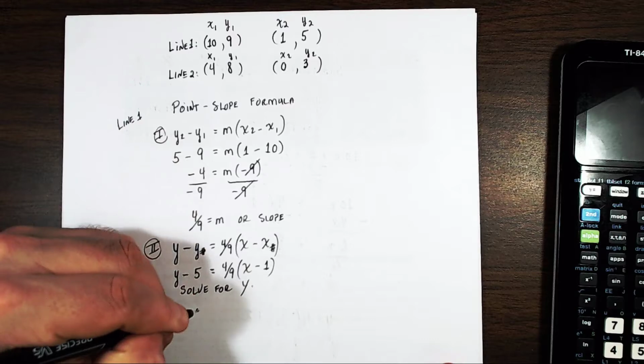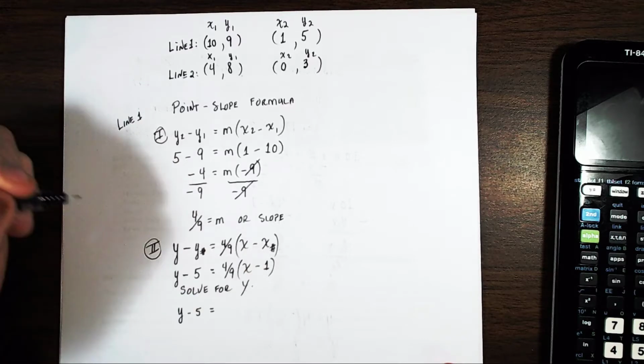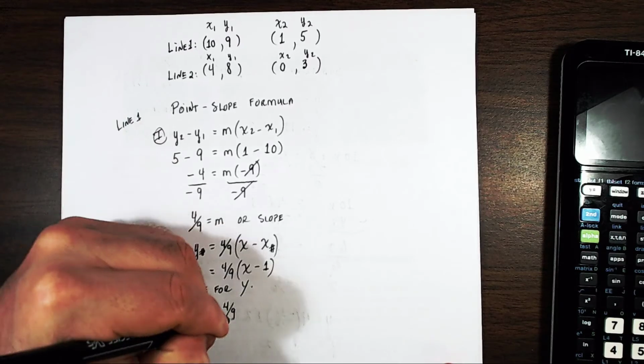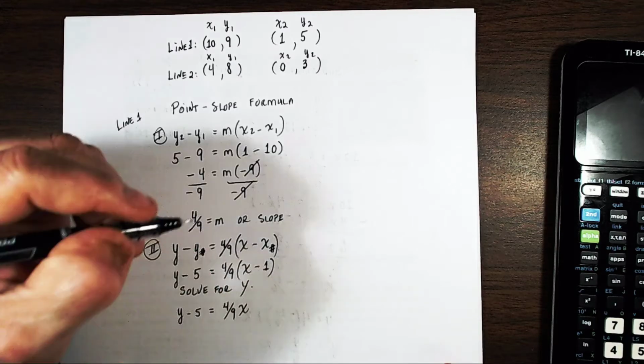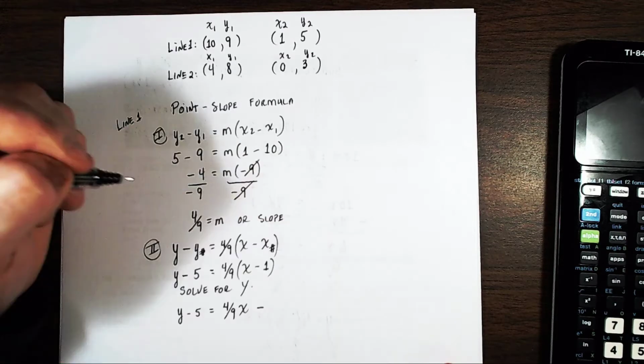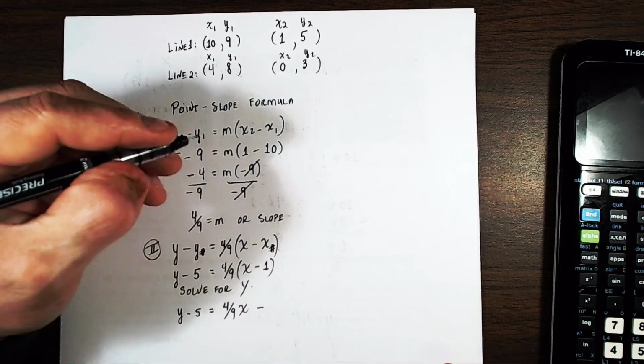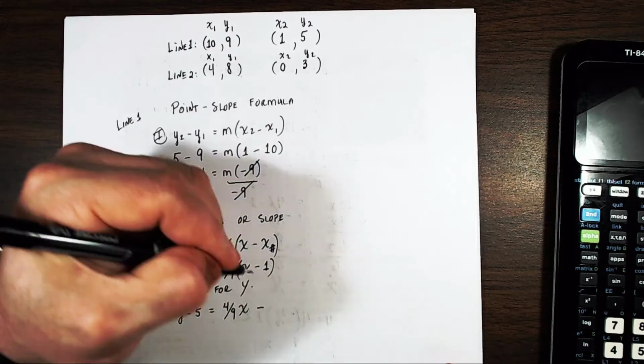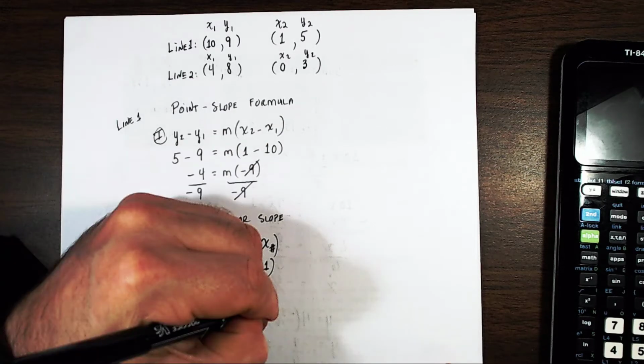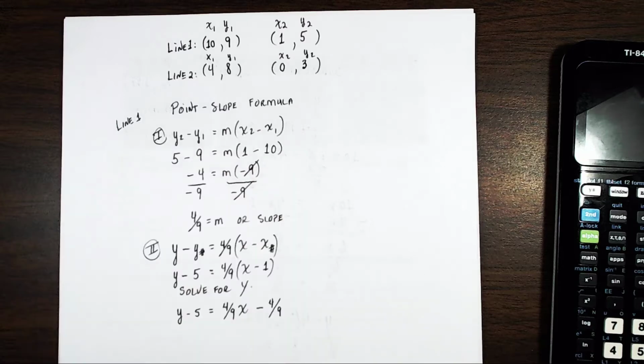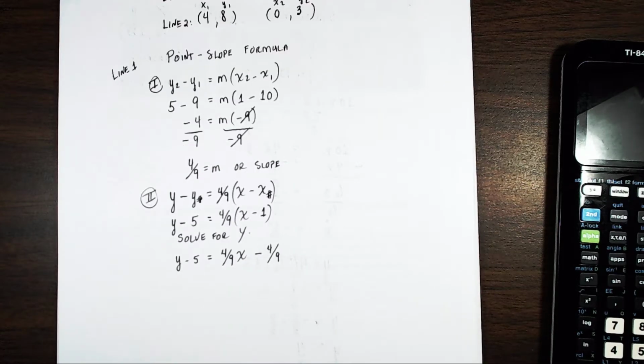Just carry that for a minute. And then 4/9 times x is 4/9 x minus 4/9 times 1. That's just 4/9 minus 4/9. Okay? So the numbers are going to get difficult to work with here in a second, and we'll show you why.